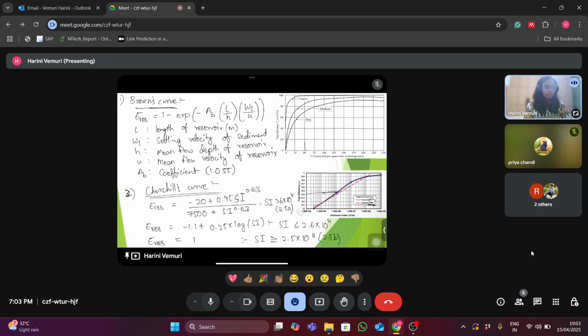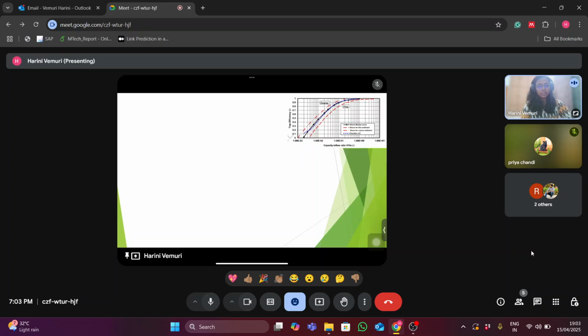Okay. So here we don't know what is SI, right? SI is the sediment index, which is calculated using R by V. R is the period of retention and V is the mean velocity. R is C by I, the period of retention, calculated using C, that is the capacity of the reservoir, divided by the average daily inflow.